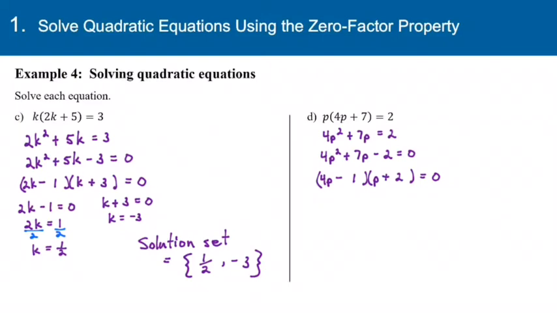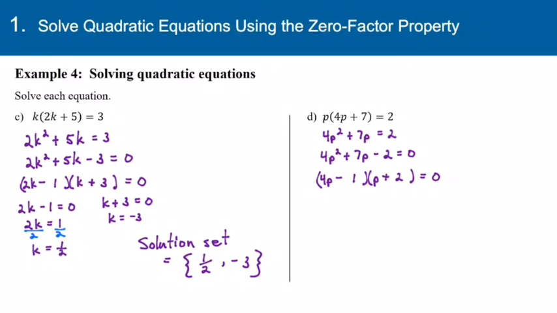All right, now let's see if outer plus inner adds up to positive 7p, and it does. Outer times outer is 8p. Inner times inner is negative 1p. 8p minus 1p is positive 7p, so this factoring is good, and we can go ahead with our solving process. So if this times this is 0, then one of the factors has to equal 0.